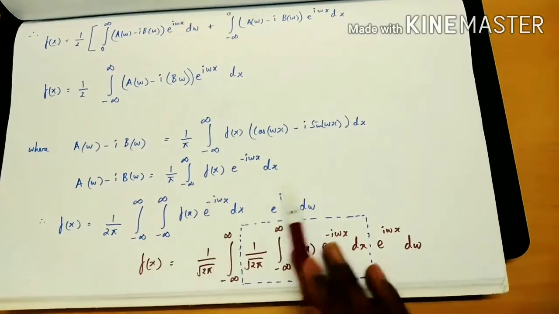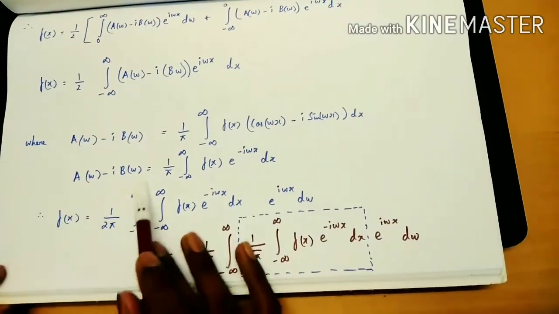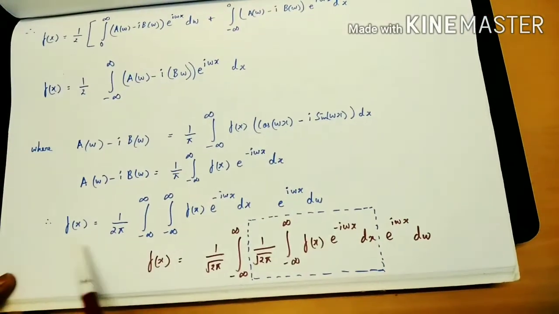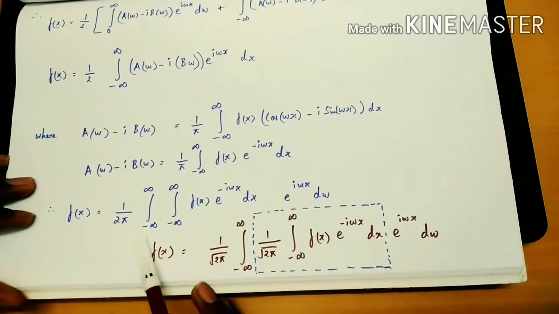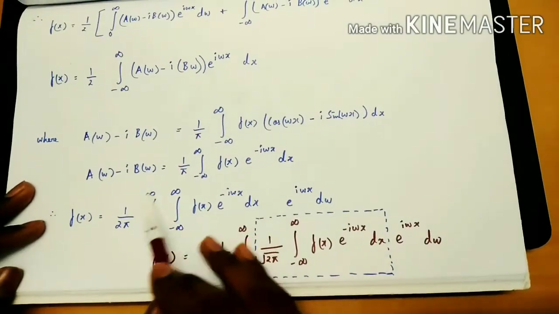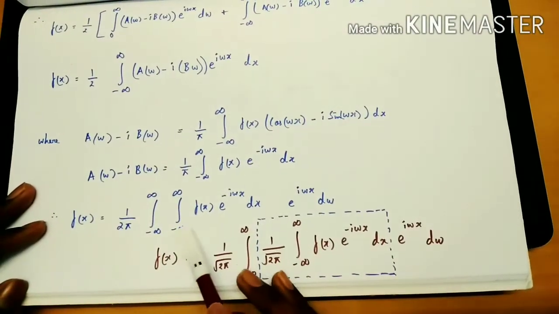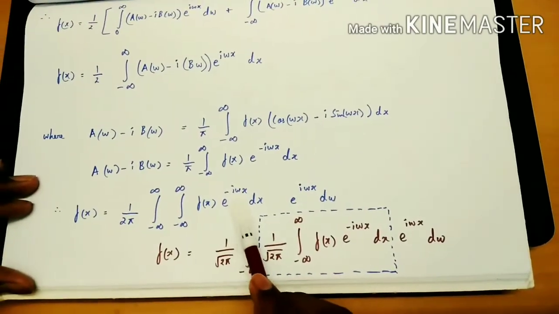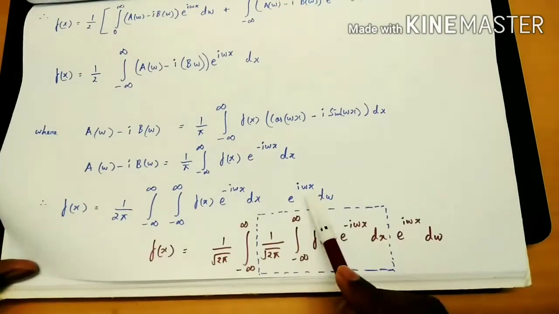So let us substitute that, and substituting the value of a omega minus i b omega in f of x, we get f of x is equal to 1 by 2 pi integral minus infinity to infinity, again another integral minus infinity to infinity f of x e power minus i omega x dx e power i omega x d omega.